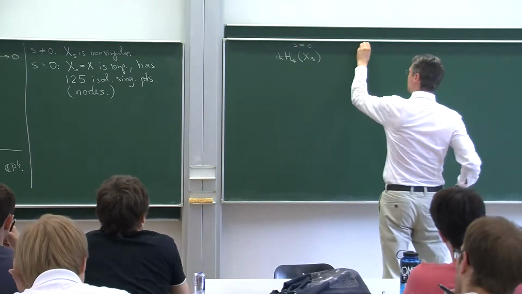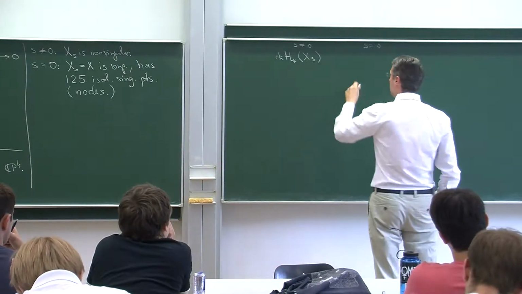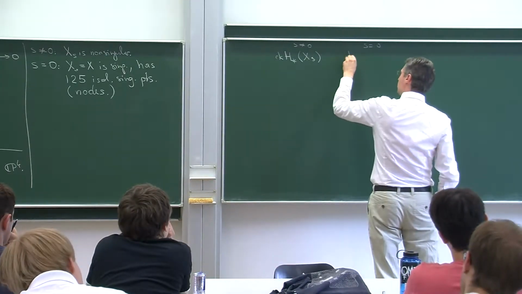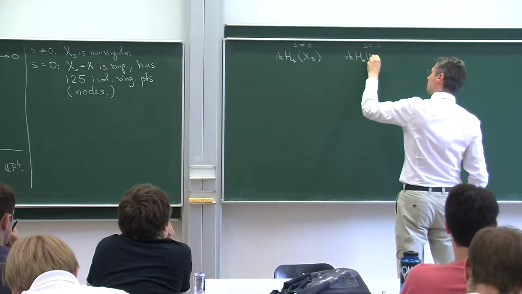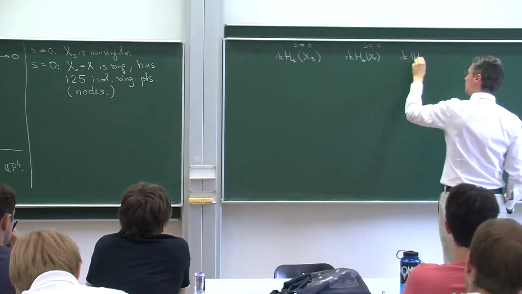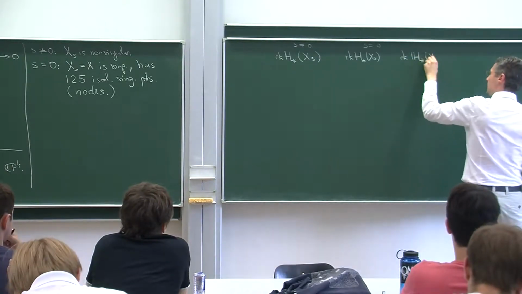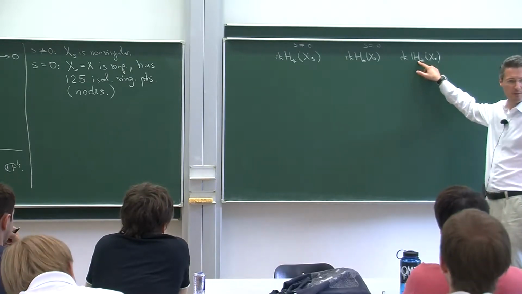And then I let s be 0. And then we have various theories that we could look at. First of all, we could, of course, look at ordinary homology for the singular space. We can then look at the intersection homology of X_0. And as I say, if I don't write a perversity, I always mean the middle.